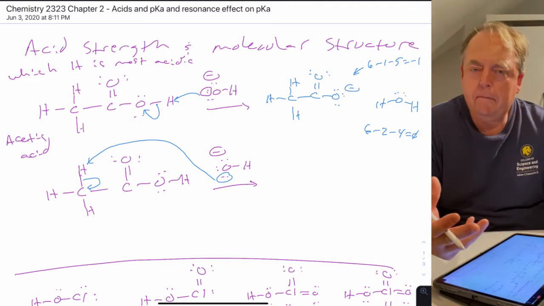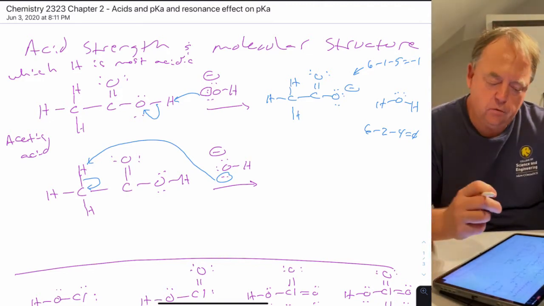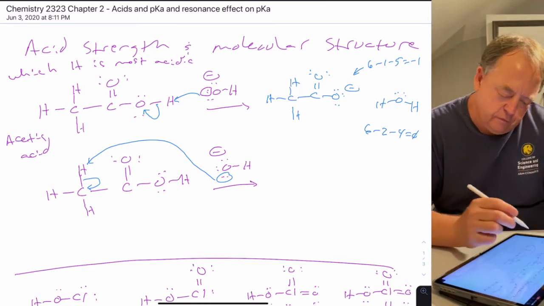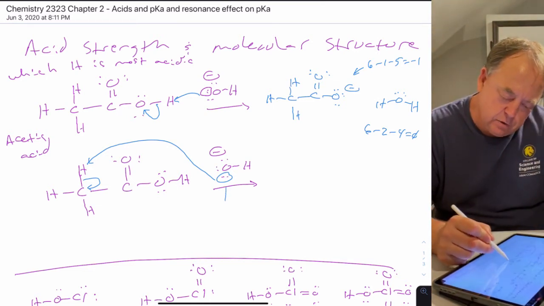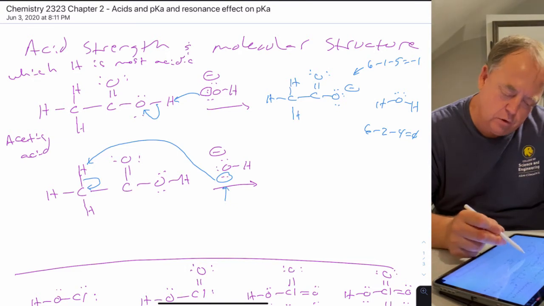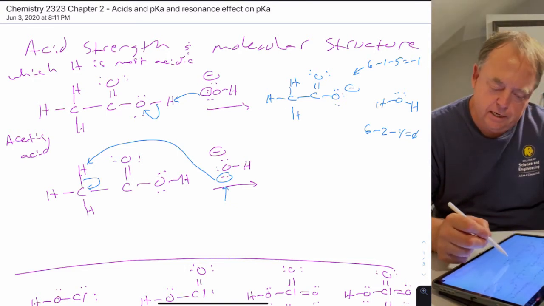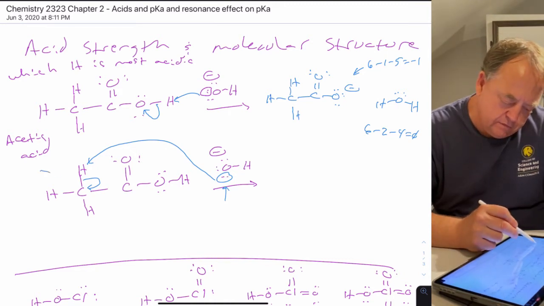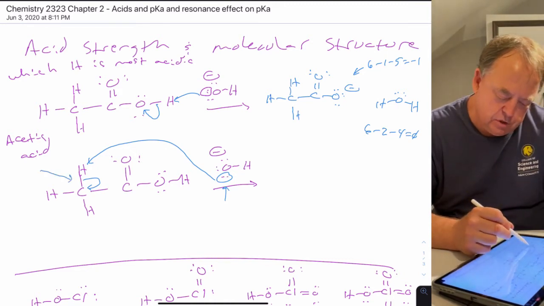So we're drawing what's called a mechanism. A mechanism uses arrows to show how electrons move in a reaction. If you notice, I take the lone pair and the arrow goes to the hydrogen. That means we're taking that lone pair and making a bond to hydrogen. And for this arrow, the arrow starts on the bond.